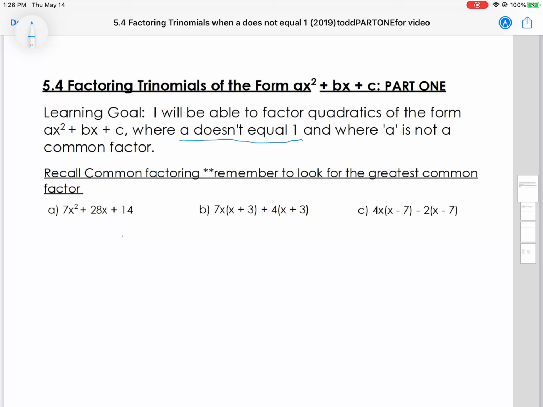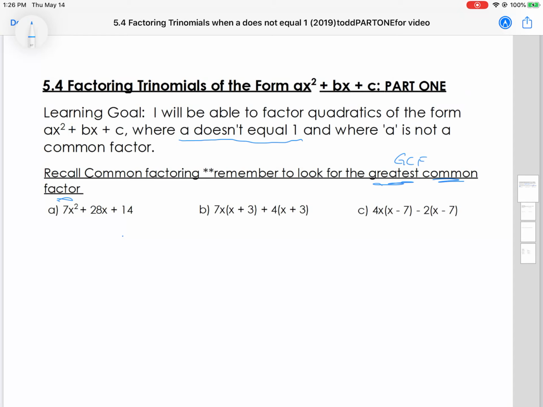So working through as much homework from that section as possible is advantageous for you. What we're going to do in part 1 is called group factoring, which is kind of an extension of finding the greatest common factor. So let's look at these three expressions here. Again, the greatest common factor, GCF, is what you always want to have.